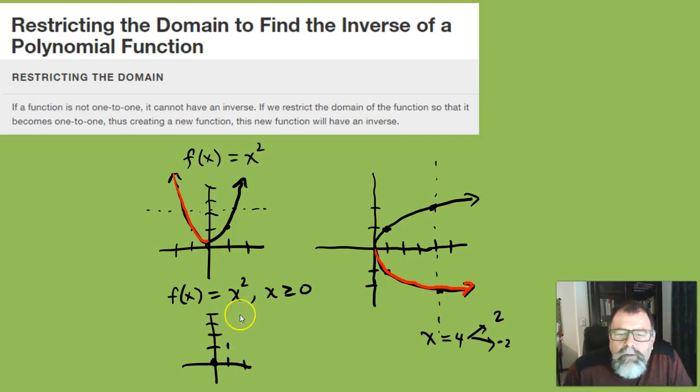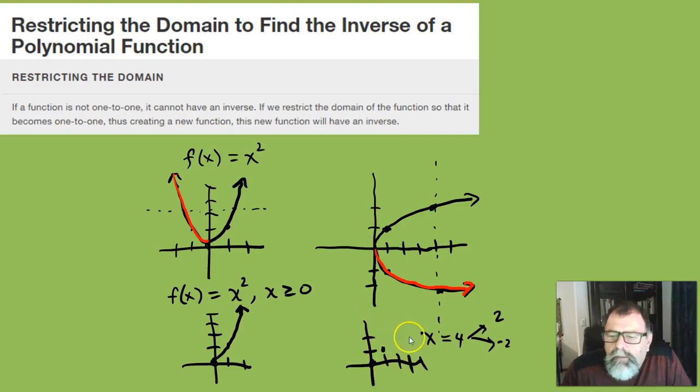And then this new function is a one-to-one function, and the inverse is also a function.